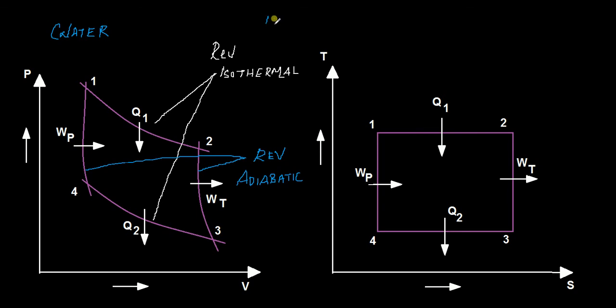At 1 bar, 100 degrees C, water, otherwise H2O, has two phases. It can exist as water and it can also exist as steam. This is called a saturated state.